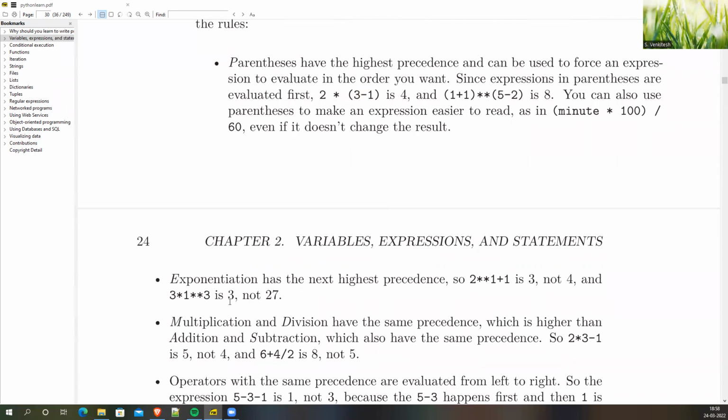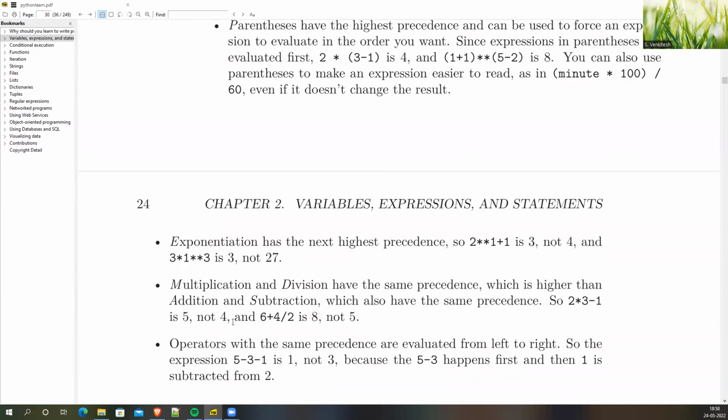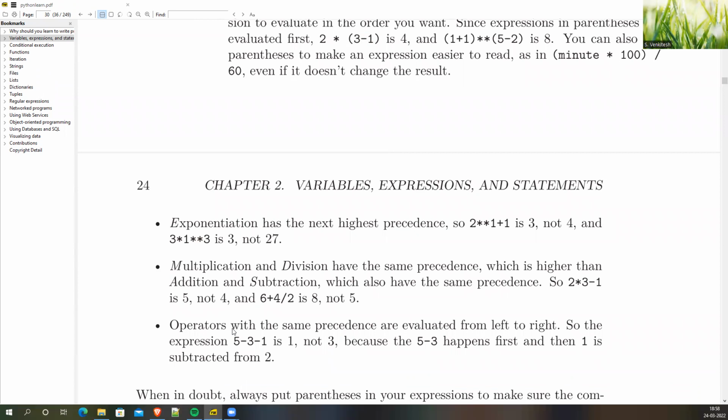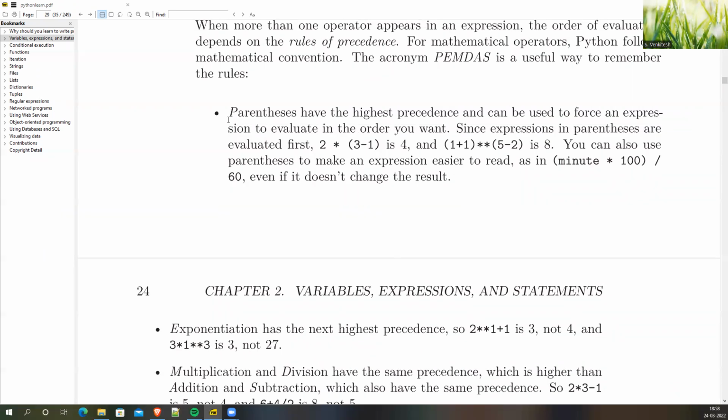Okay. Exponentiation, that is when you raise to some power. This is something that is not really taught in the school. So you first evaluate brackets, then you evaluate powers, and then you do the remaining multiplication, division, addition, subtraction kind of things. Okay. So these two are the two extra things. First brackets, then powers, and then the remaining operations in the usual way.